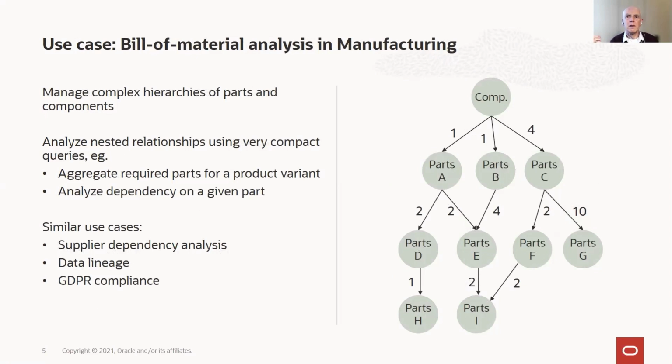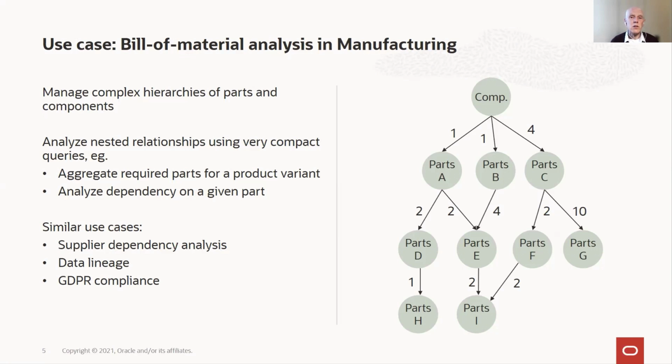Secondly, graph databases are very well suited for analyzing complex hierarchies. If you take a manufacturing customer, usually what you find is more or less complex interlinked bills of material for the products or product variants, specifically in automotive, where you typically have lots of variants.